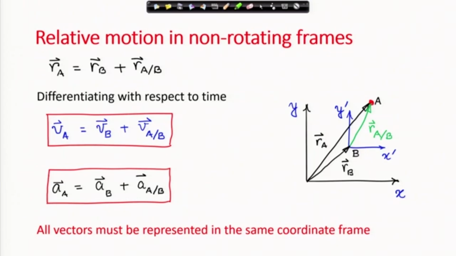Whereas acceleration of A relative to B is the acceleration of the particle A as measured by an observer sitting in the frame x prime y prime. The observer is B here.